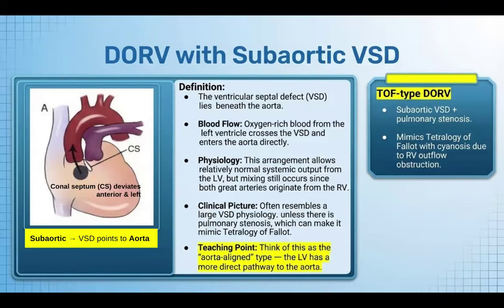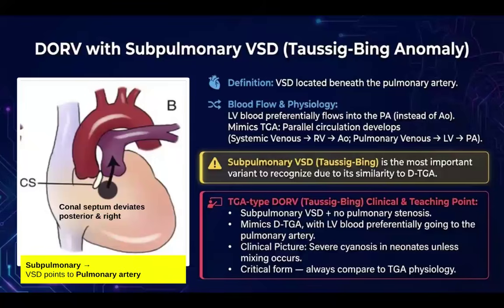All right. So then the next type is the one where the VSD is near the pulmonary. This one in particular is a variant to recognize because of its similarity to a transposition of the great arteries.